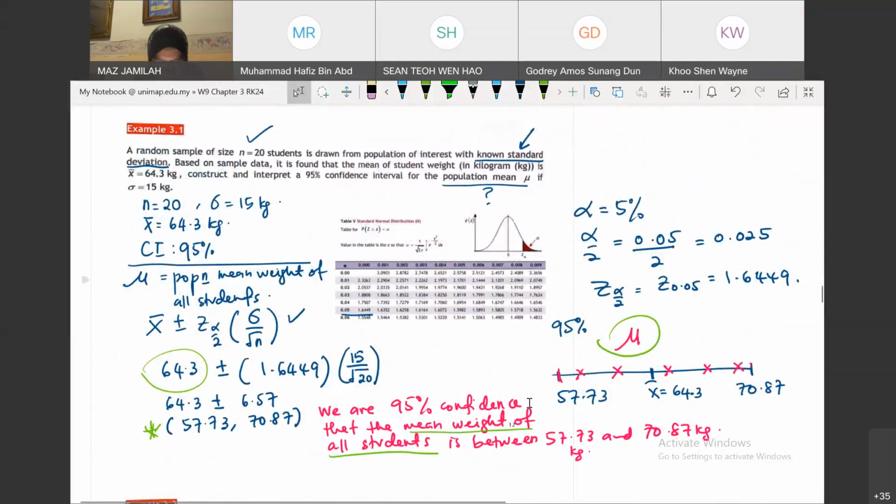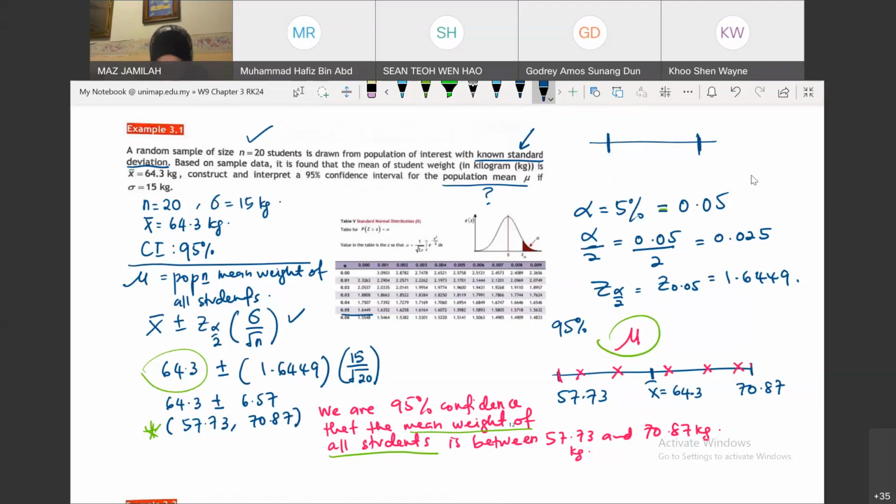Shouldn't the value of Z alpha over 2 be 0.025 instead of 0.05 for alpha over 2? Yes. Alpha is 0.05, right? Okay, because we are talking about the lower tail here and upper tail here, so this will be divided by 2.